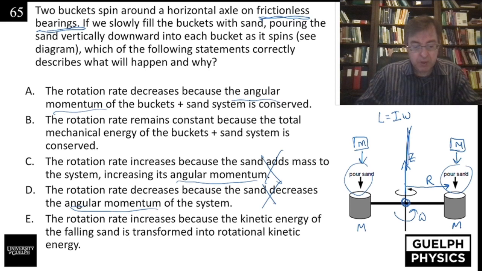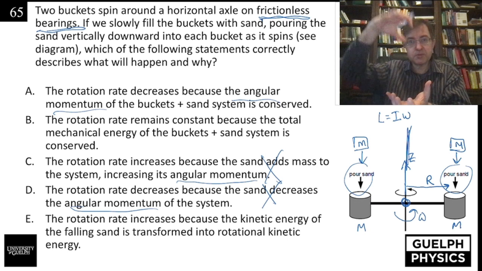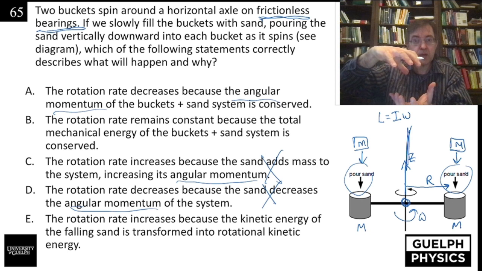And then B, if we go back to B, actually concerns the total mechanical energy. It says the rotation rate remains constant because the total mechanical energy of the system is conserved. But that's actually not true, because if you think about it, when the sand comes down and hits the bucket, this is actually an inelastic collision, okay?